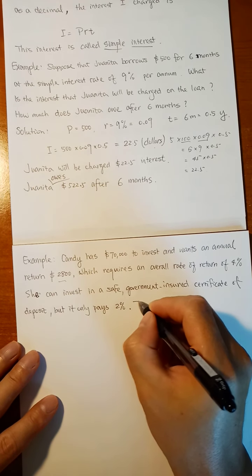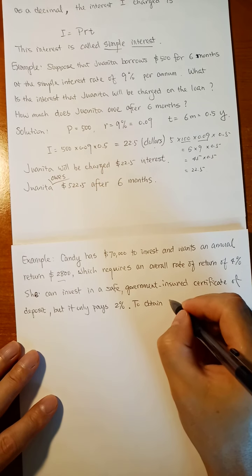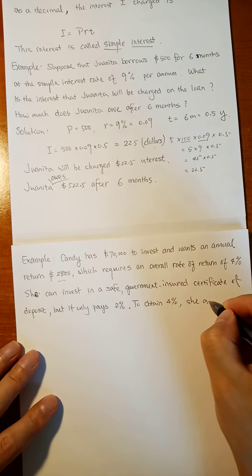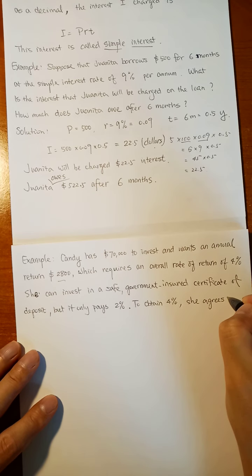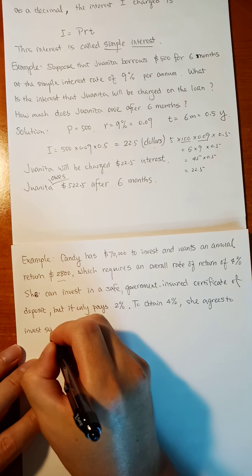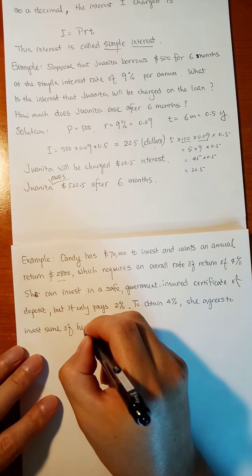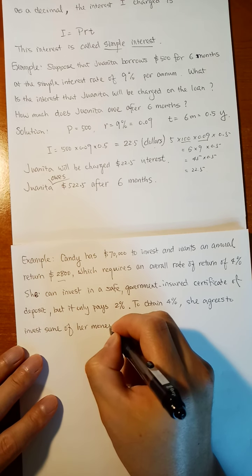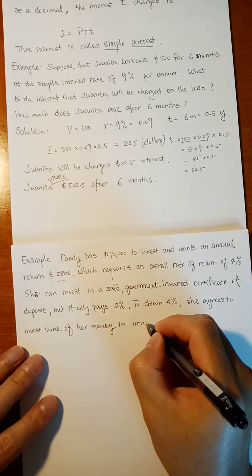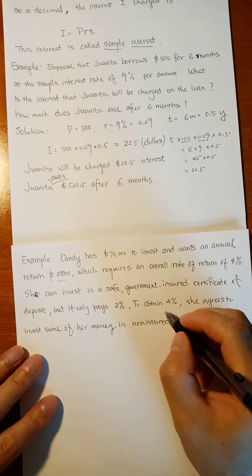Okay, so to obtain 4%, she agrees to invest some of her money in non-insured corporate bonds.